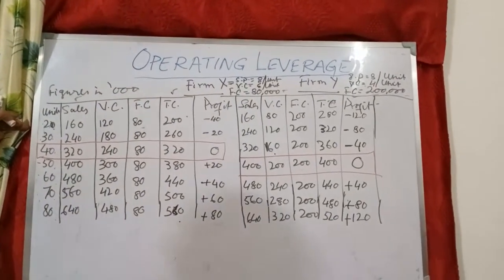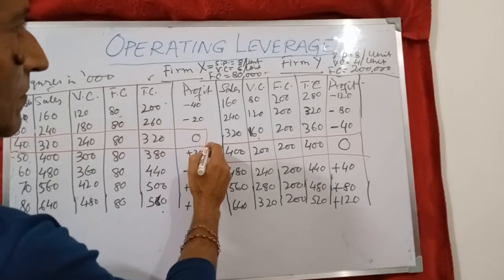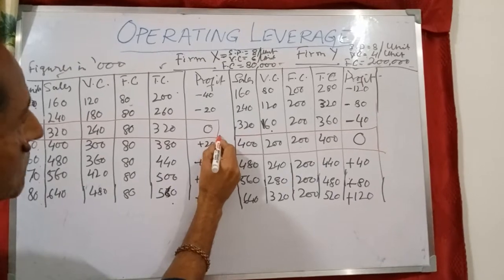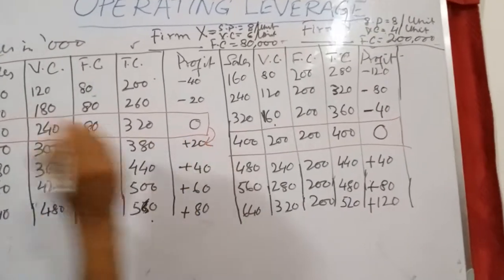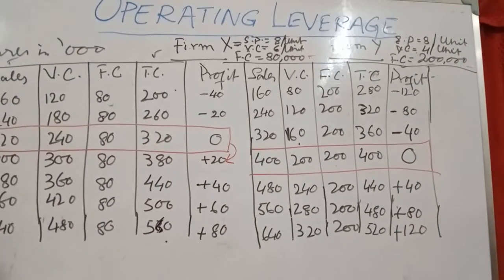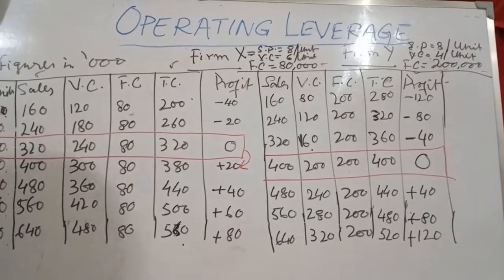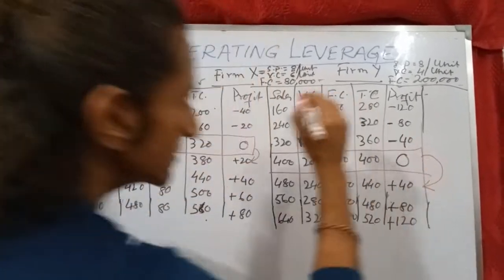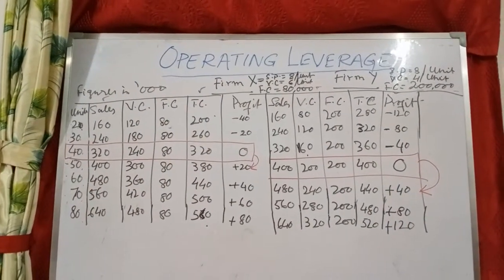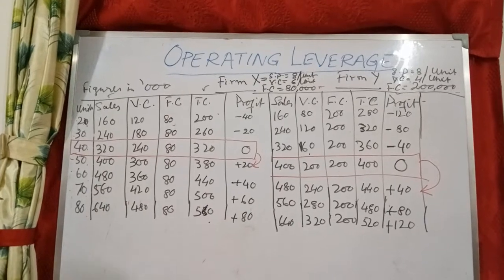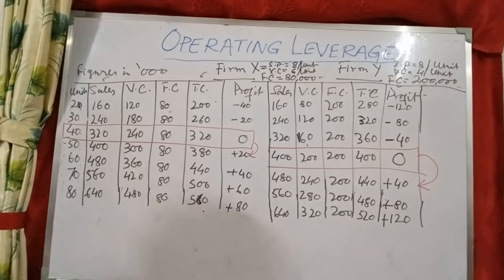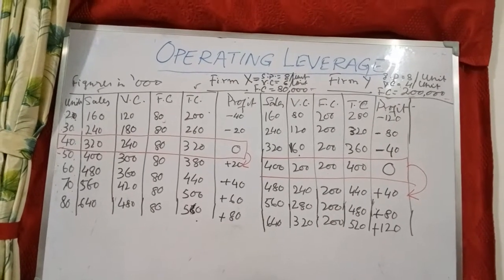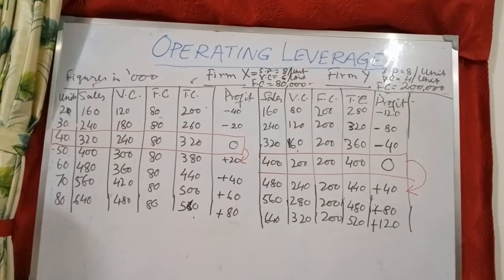Now you see, after break-even, firm X is earning profit of 20,000, whereas after break-even, firm Y is earning profit of 40,000. So, what is happening?